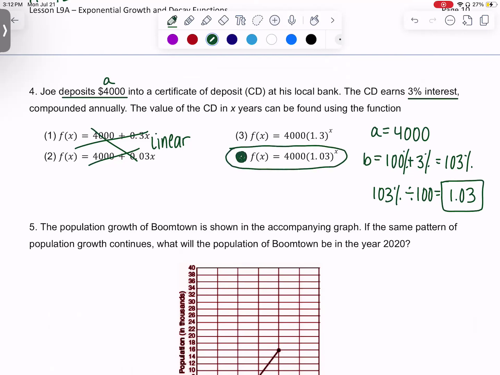If someone picks number 3, that represents a 30% increase. 0.3 changed back into a percent, multiplied by 100, is 30% instead of 3%. So 3% is 0.03.